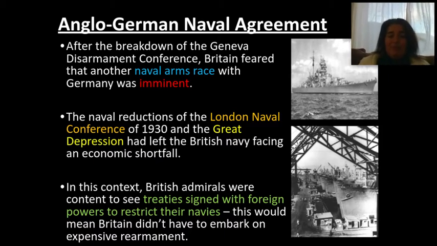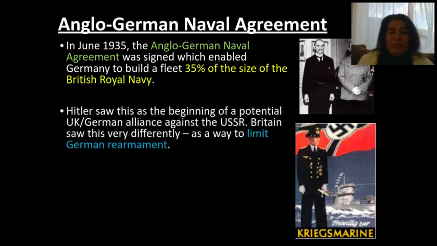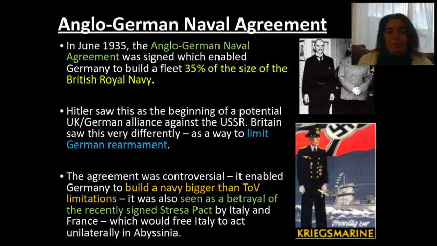This would mean Britain didn't have to embark on expensive rearmament if they all stopped to rearm. So, in June 1935, the Anglo-German Naval Agreement was signed, which enabled Germany to build a fleet 35% of the size of the British Royal Navy. So it cannot be larger than that.